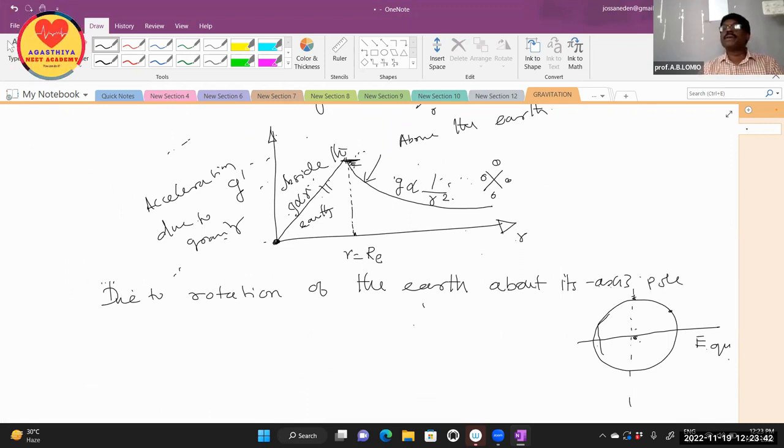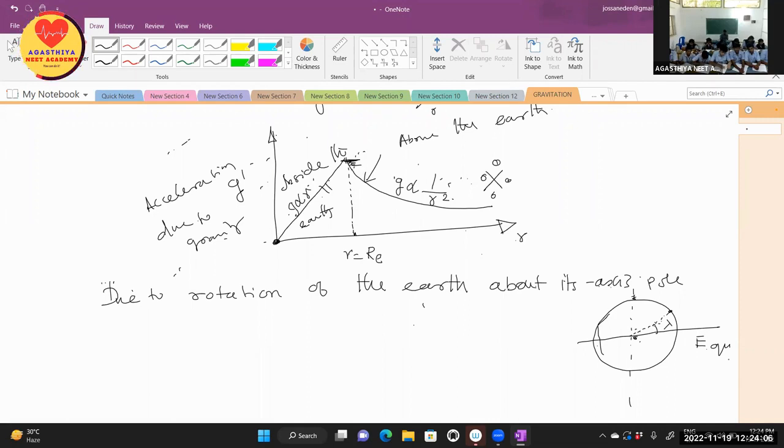Let us take a reference point here. The angle made, let it be lambda. The acceleration due to gravity, due to the rotation of the earth, varies along its surface with respect to the angle subtended. That is called the latitude.